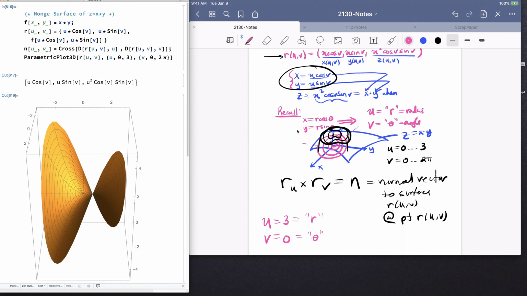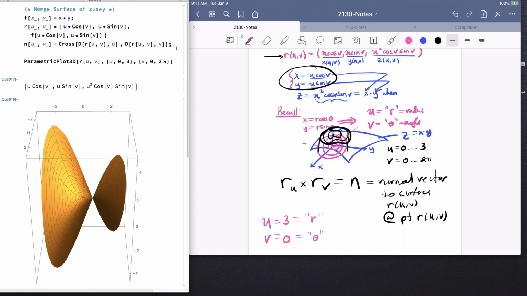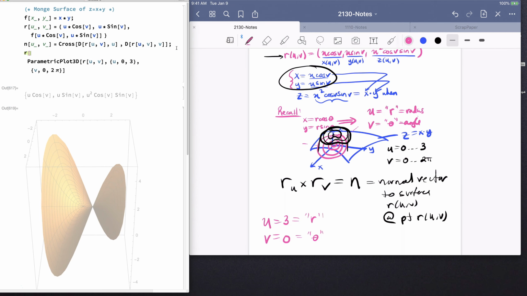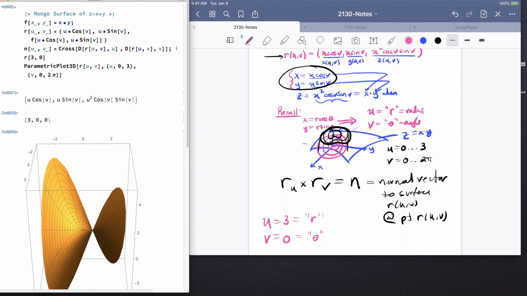If you plug in those values of u and v, 3 for u and 0 for v, you can do these computations yourself, you will get r of u comma v evaluated at u equal to 3 and v equal to 0.